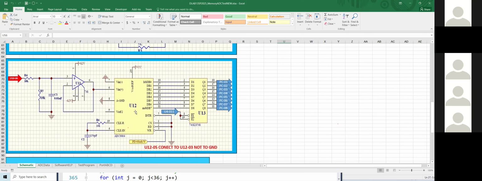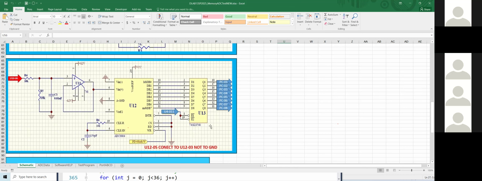And this U12 is an A to D converter. That means input at pin 6 will be converted to binary. Okay. And if you build exactly following here, then this binary will go to the output of U13.